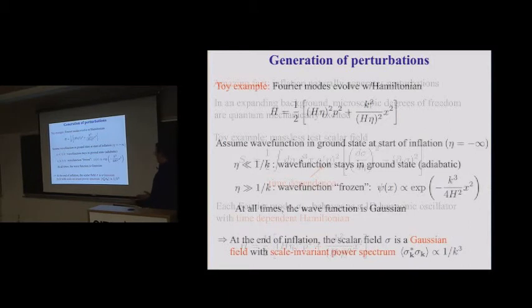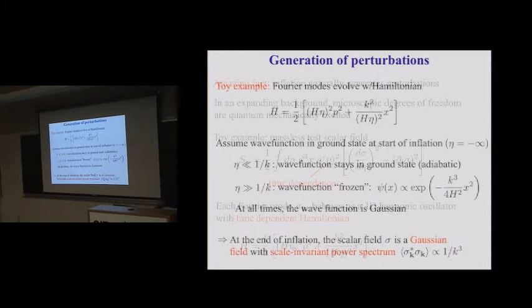The Gaussian wave function corresponding to the ground state for one value of eta will not be the ground state at a different value of eta, so in particular, that's an excited state. The transition between the two behaviors happens when the causal horizon during inflation becomes equal to the wavelength of the mode, which is called horizon crossing.